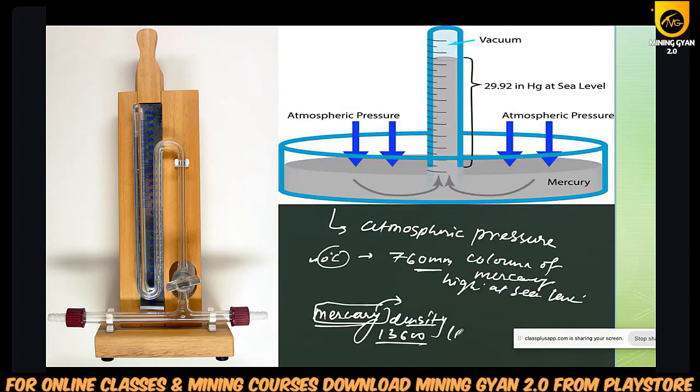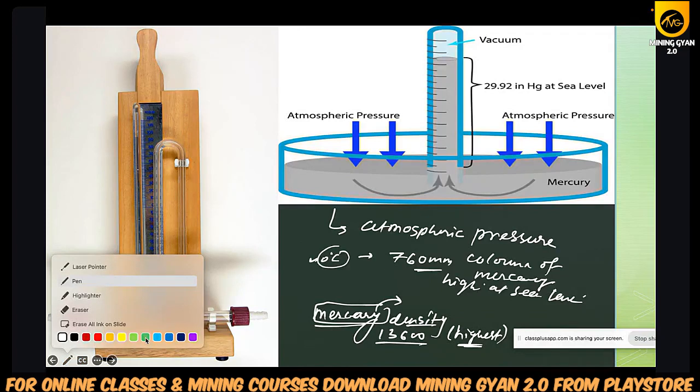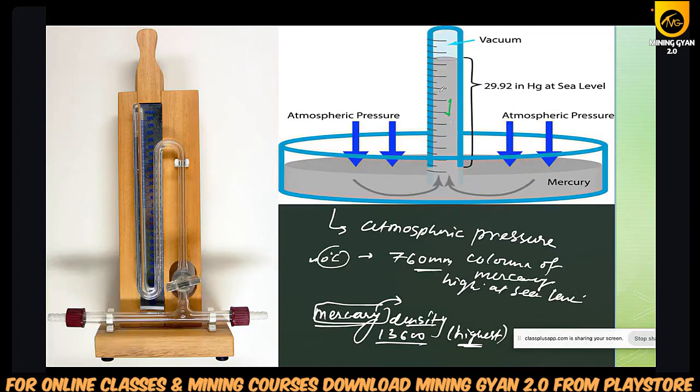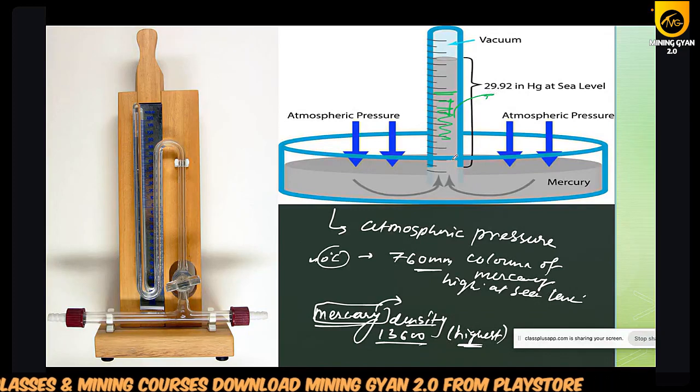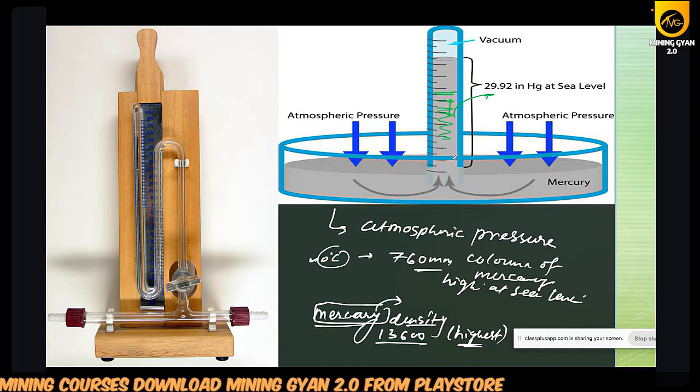And mercury does not vaporize, so we use mercury. Some of you may be curious why we use mercury to find barometric pressure: because mercury does not vaporize and its density is the highest.